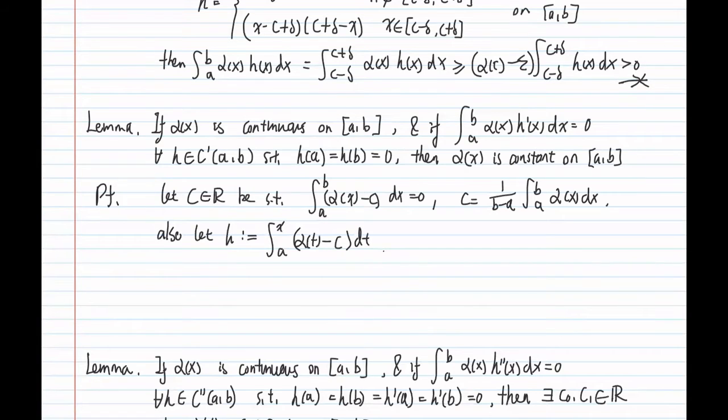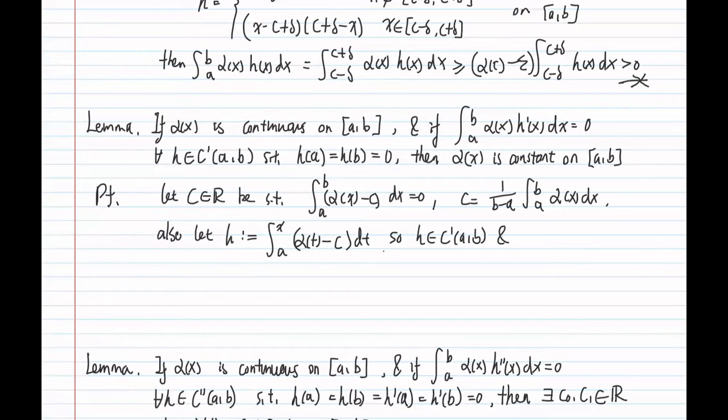An observation here is that h is actually C1. Why? Because the integrand is continuous, since alpha t is continuous and c is a constant, and the integration is differentiable with a continuous derivative, so h is inside C1 ab.